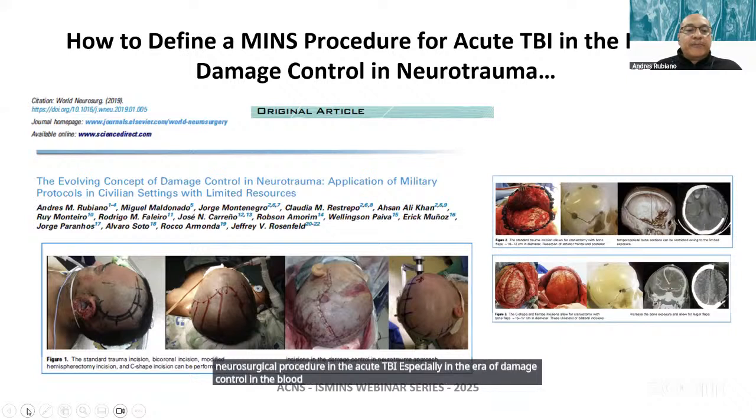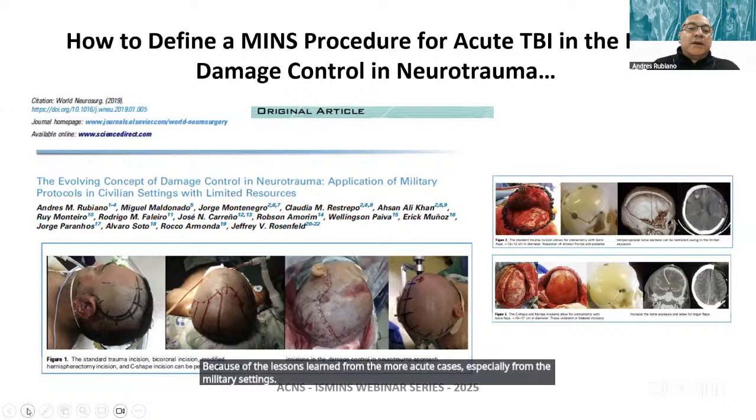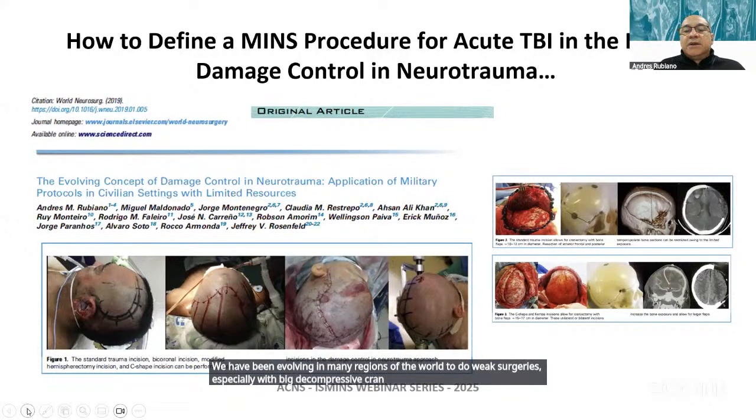We all know, because of the lessons learned from the more acute cases, especially from military settings, we have been evolving in many regions of the world to do big surgeries, especially big decompressive craniectomies, and this is the most common scenario for severe TBI cases worldwide.